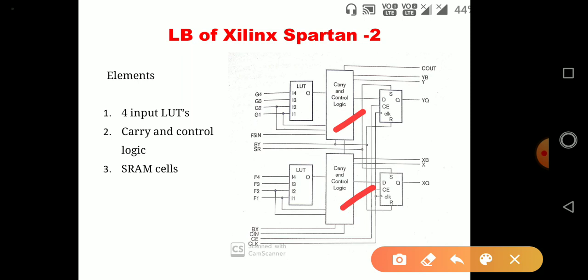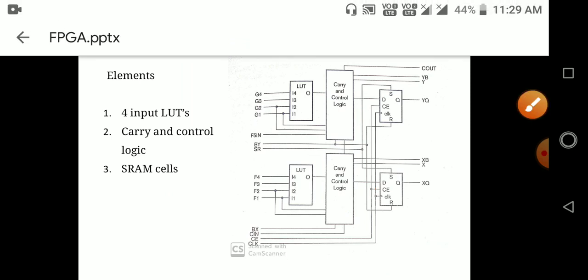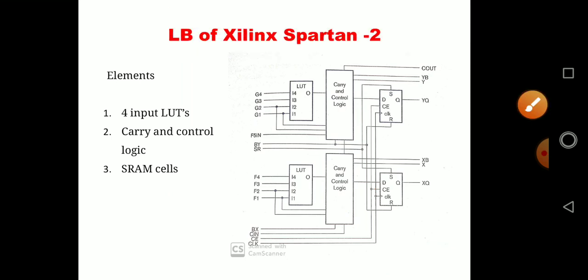The number of connections within the carry and control logics is governed by the programming of the FPGA. So here the FPGA is programmed to govern the activity of this carry and control logic, and hence RAM memory is required. The SRAM cells are required here. These cells help in the storage of those programming bits. So this was an example of a lookup table, the logic blocks of a Xilinx Spartan 2.